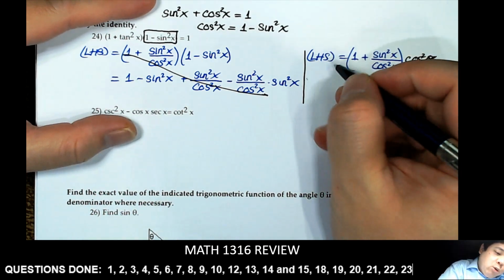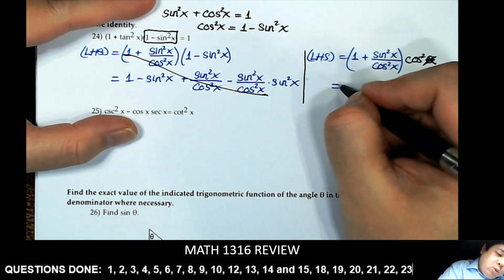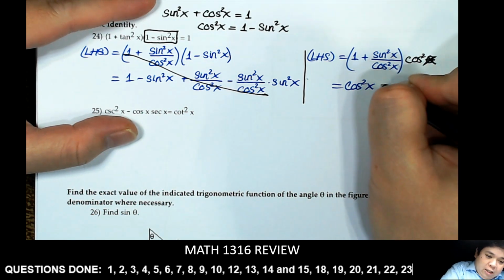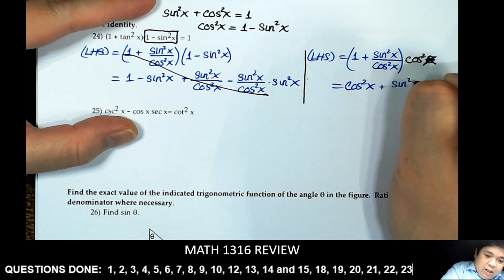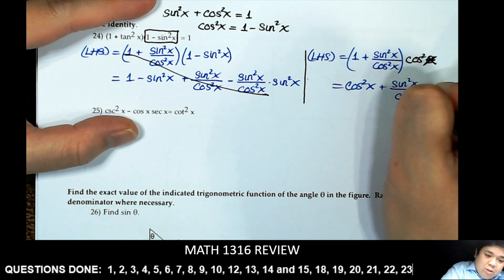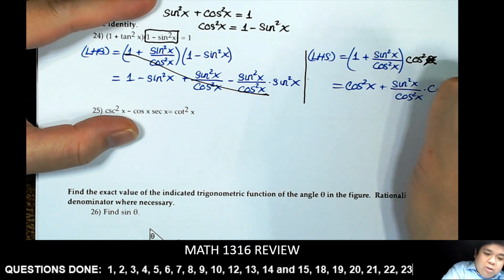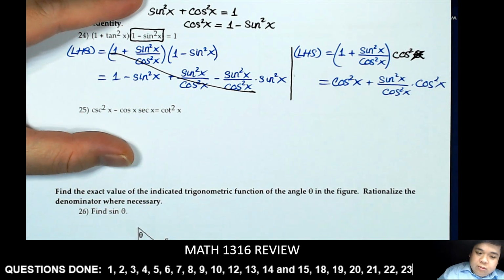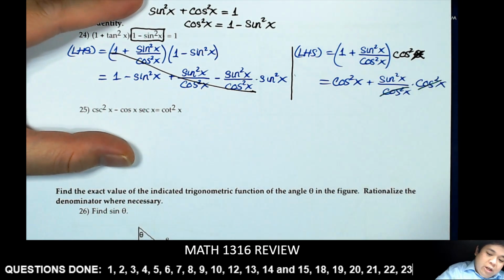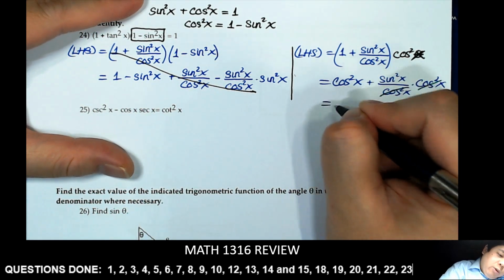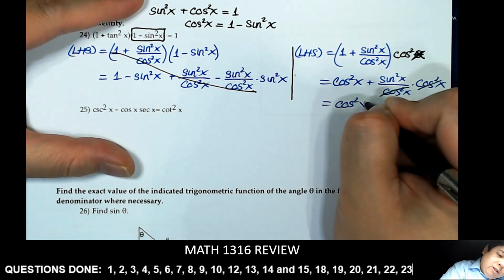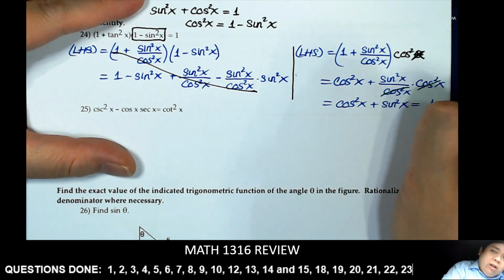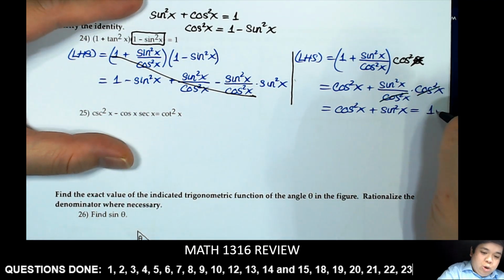Now we multiply it out. 1 times cosine squared is cosine squared, and sine squared over cosine squared times cosine squared is sine squared. Here we have cosine squared plus sine squared equal to 1, which is good. So this one is true.